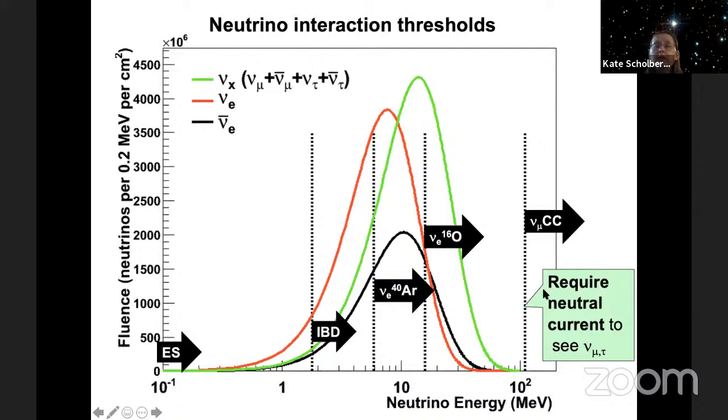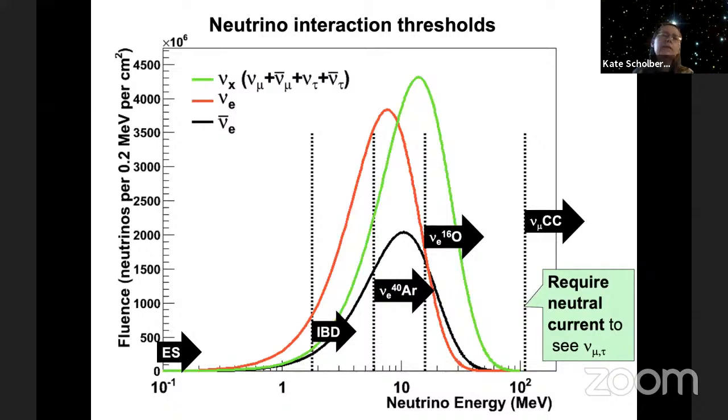But if you want to see muon and tau neutrinos, you actually have to create a muon or a tau. Actually, for tau, you need 3.5 GeV, so that's crazy. You'll never see that. For muon, you need a bit more than 100 MeV. And so that means that you really can't see muon and tau neutrinos using a charged current interaction.